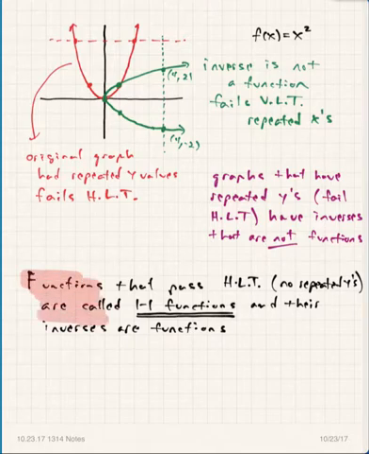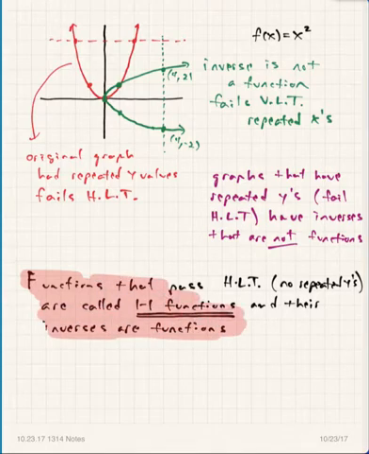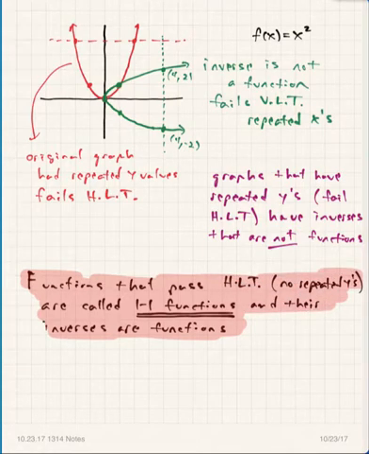We want to highlight that these are the only kinds of functions we want to talk about when we're dealing with inverses: functions that are one-to-one or that pass the horizontal line test. So I would want you to be able to look at a graph and tell me whether it's one-to-one, whether it passes the horizontal line test, and then go from there as far as talking about its inverse.